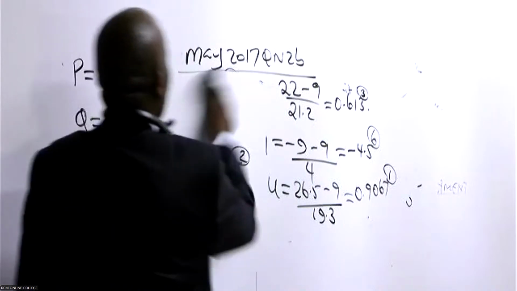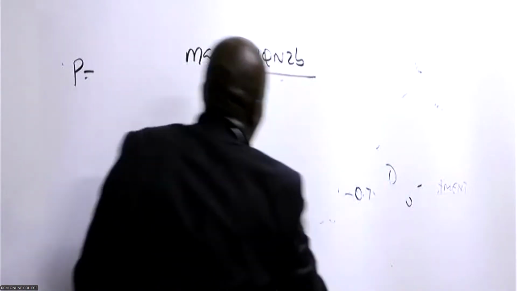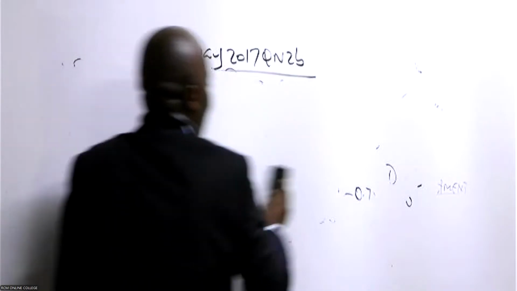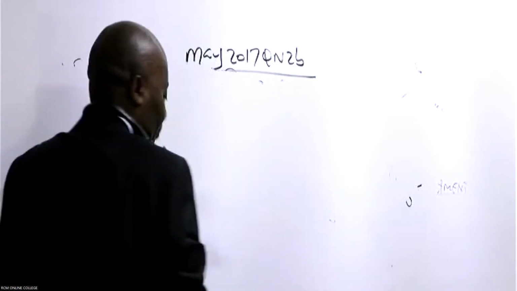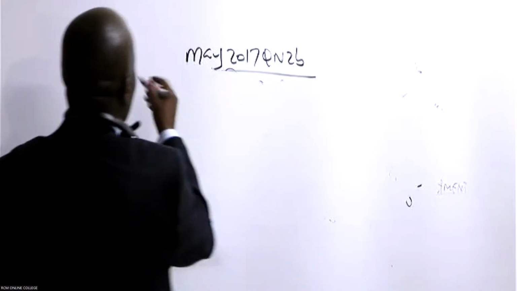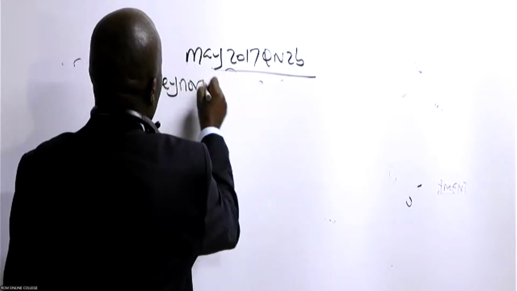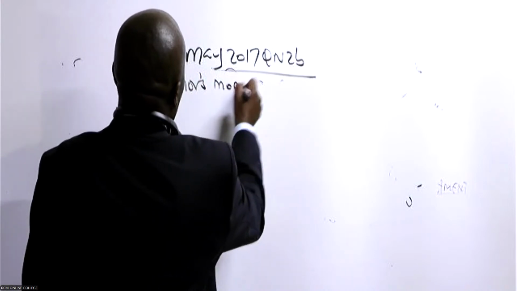So the Treynor's model, they are very important formulas that I must show you here, which you should really master. Number two, the Treynor's model.